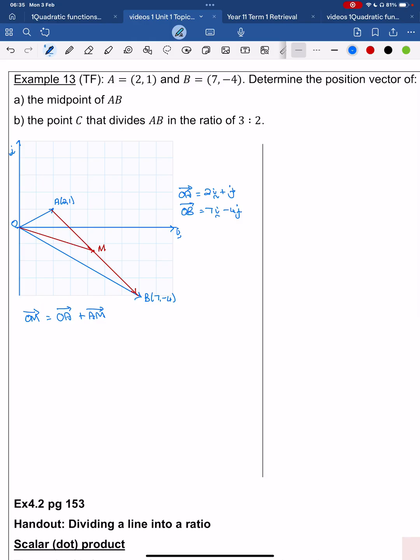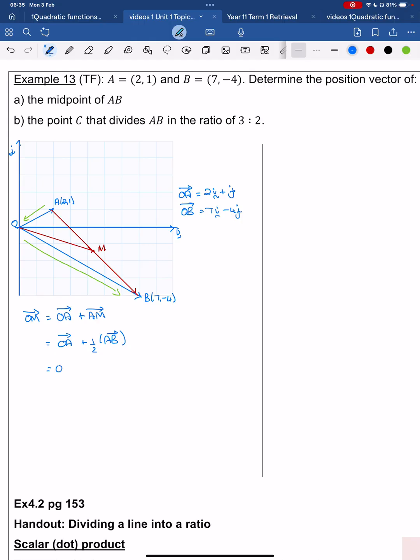Well, we know that AM is half as long as AB. So that's OA plus half of AB. Now what's nice about being able to do that is that we already know that being able to find from A to B is just going to be negative OA plus OB.